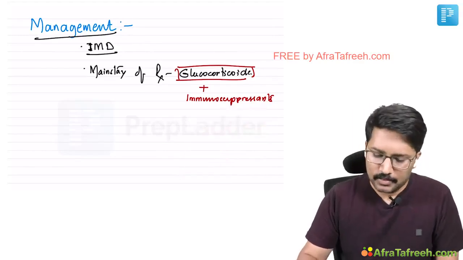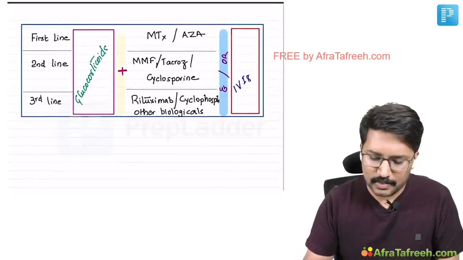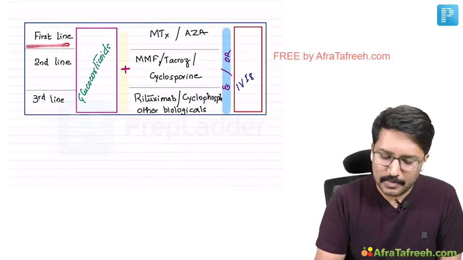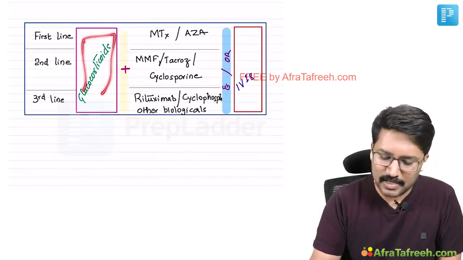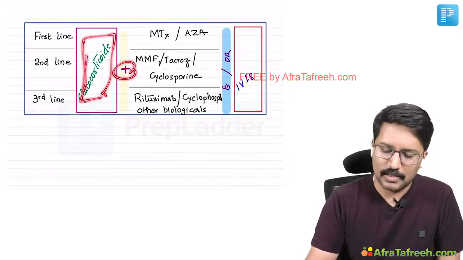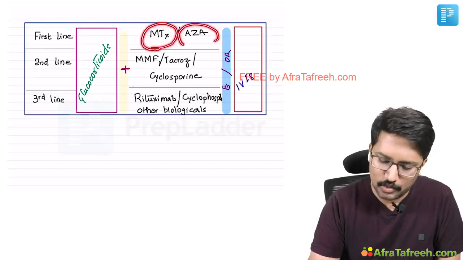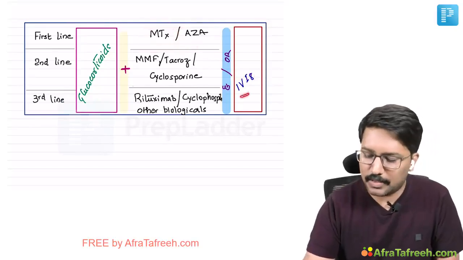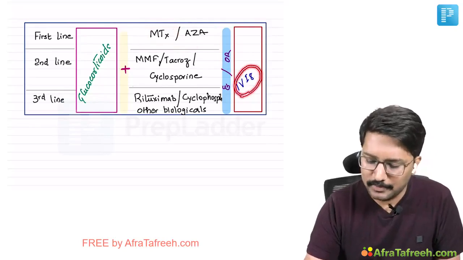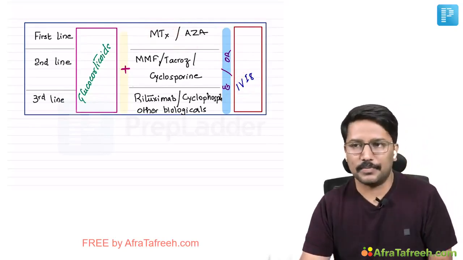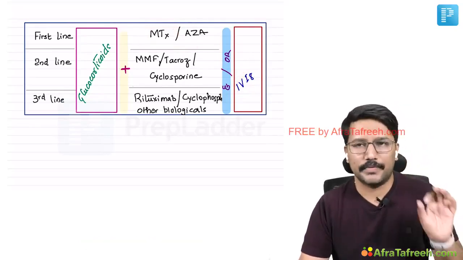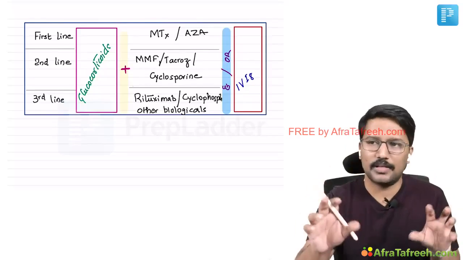Okay. So this is a table that gives you a very quick idea about the management. The first line management includes glucocorticoids as a standard part of the template plus, as a first line immunosuppressant, either methotrexate or azathioprine. And if it is a severe disease, maybe you can also combine IV immunoglobulins, right? So in most cases, we give steroids plus either methotrexate or azathioprine.